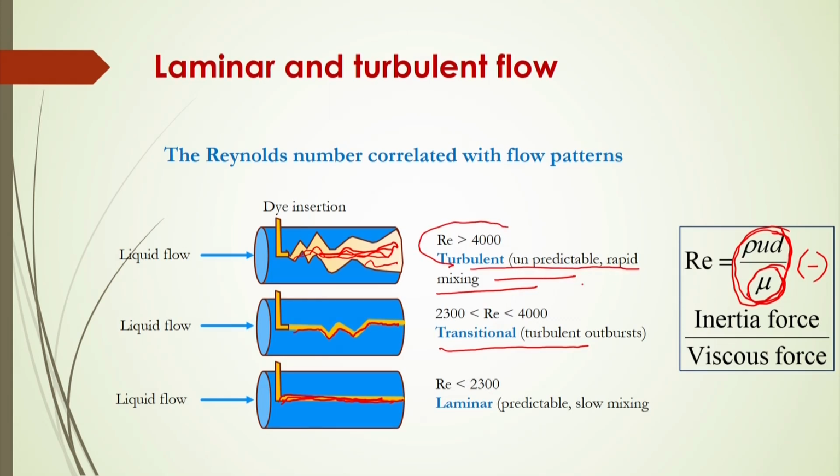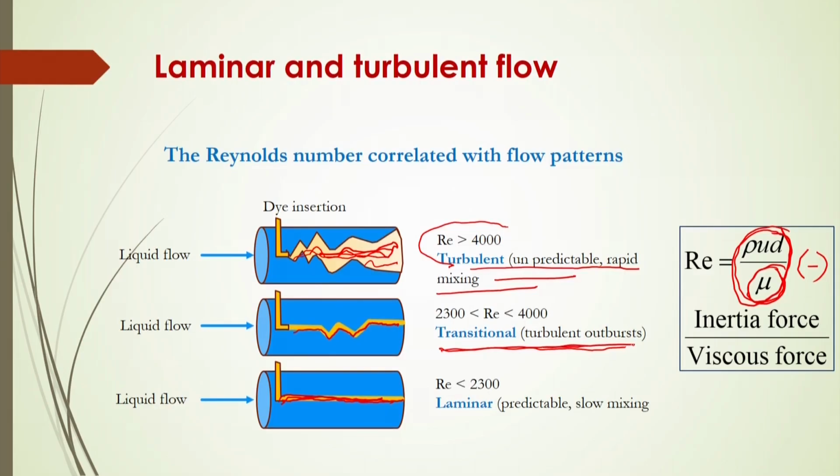It is totally unpredictable, and rapid mixing will be happening inside the tube or pipe. And if this Reynolds number is within the range of 2300 to 4000, then you can say this will be a transitional flow, either laminar or turbulent, there will be a mix there. So, you cannot consider that it is purely laminar, and you cannot consider it purely turbulent. So, it will be transitional.